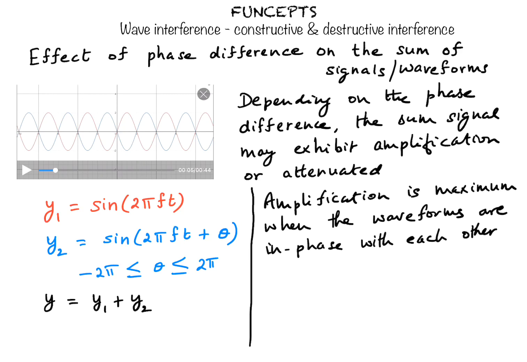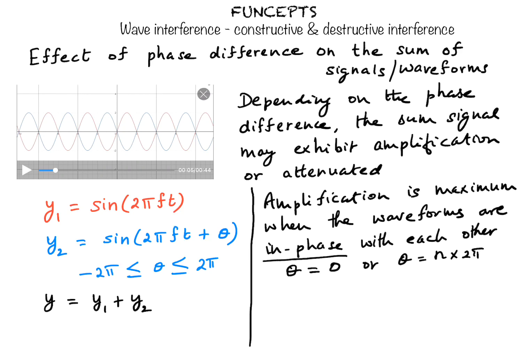In phase means the angle between them, theta, is equal to 0, or theta is some multiple of 2 pi, so it is n times 2 pi, where n is any integer.